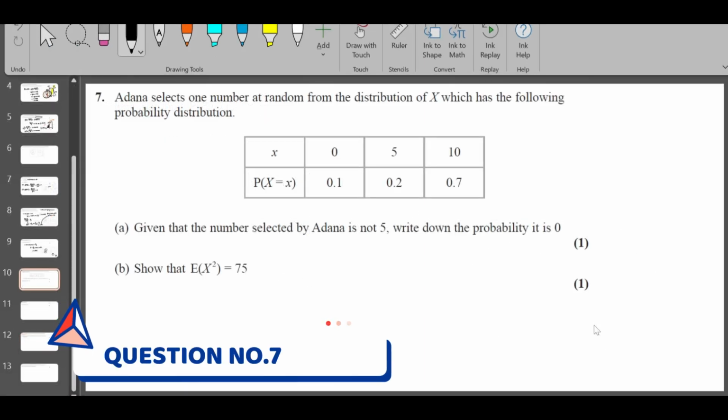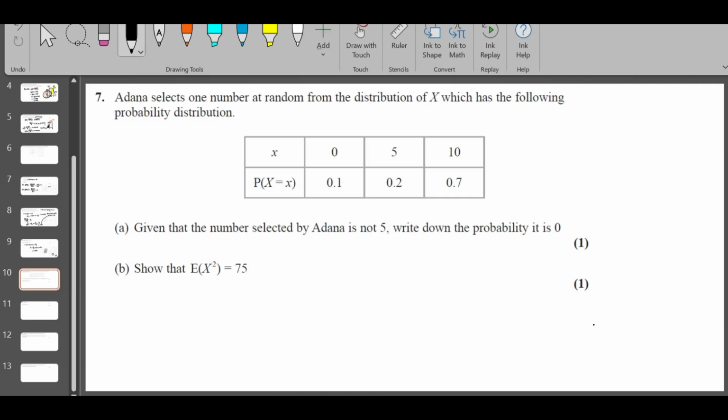Question number 7 now. Adna selects one number at random from the distribution of X, which has the following probability distribution. Given that the number selected by Adna is not 5, write down the probability it is 0. Okay, they want you to find the probability of the number not equal to 5, which is basically it can be 0 or 10.